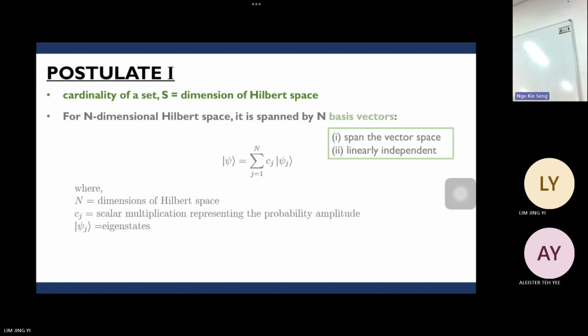Not any set, the basis of the Hilbert space.